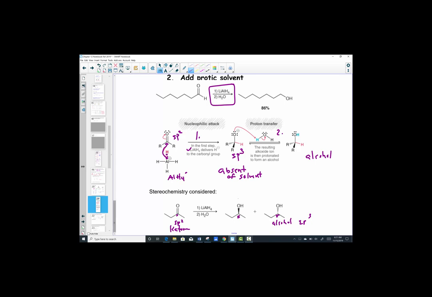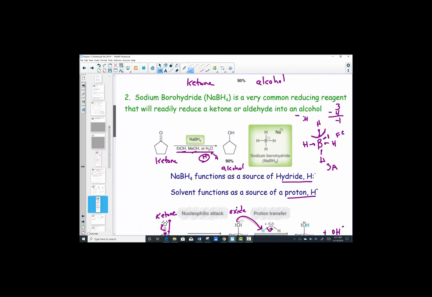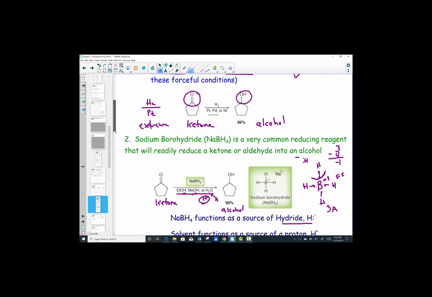So we've had 3 reducing agents. Let's just review those quickly. The first was simply taking molecular hydrogen, sitting it on an arrow with a metal catalyst. This is an extreme condition. Extreme conditions means very high temp, very high pressure, and therefore hardly used. It can be accomplished, it's just not the preferred choice.